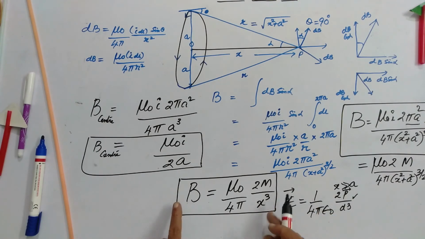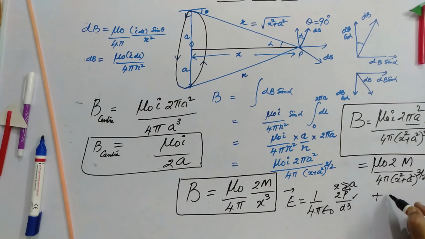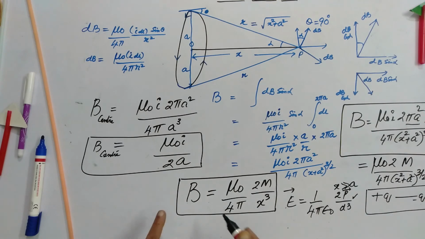What is a dipole? We have defined that when two charges, positive and negative, are placed very close to each other, we call that setup an electrical dipole. Here also, if you take a bar magnet, on one side the north pole will be there, on the other side the south pole.